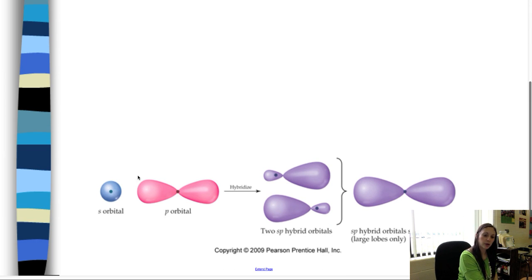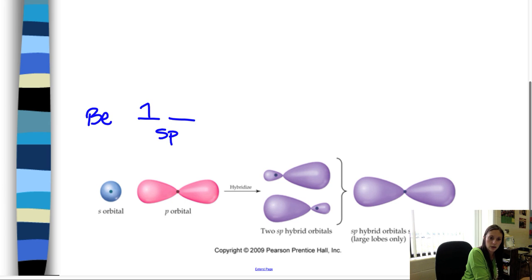If we look at this picture, we take the s orbital and a p orbital and mix them, so beryllium now looks like this with a 2sp. We've still got these extra 2p's that didn't get used. You took one s and one p, smushed them together, and now you've got an sp orbital. The ones in purple here are the hybridized sp orbitals. Notice how they are lobe-shaped when they get hybridized together. So you've got 2 identical orbitals, which is what you want.